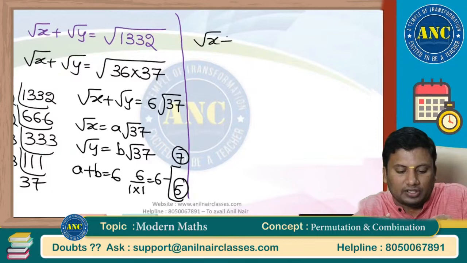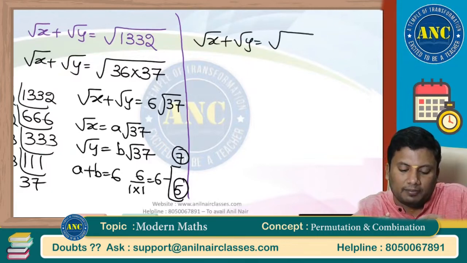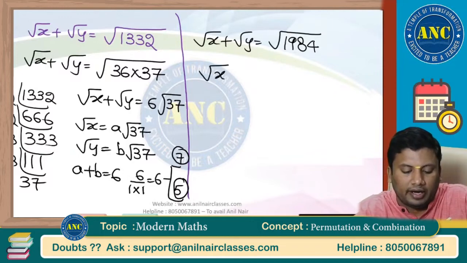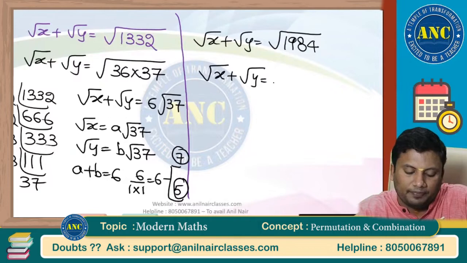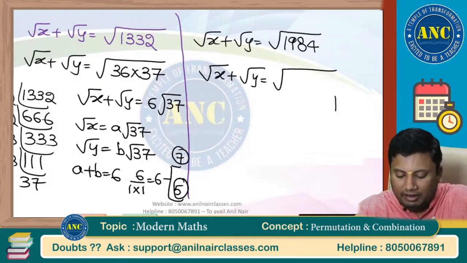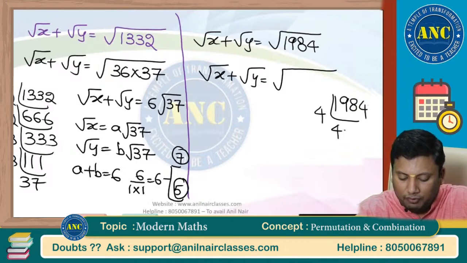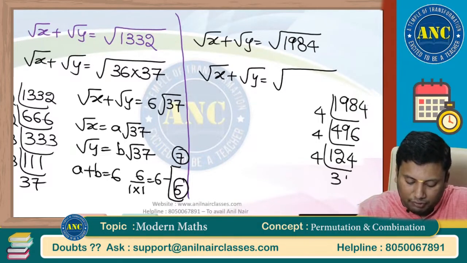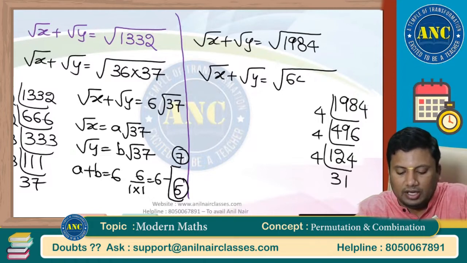Root x plus root y, another same model question. Root x plus root y is equivalent to root of 1984. If I factorize 1984, 4 into 496, and 4 into 124, and 4 into 31, that is 64 into 31.